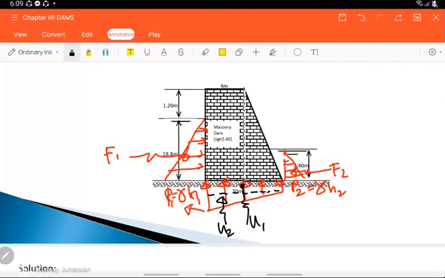And that is the triangle, and it is located at 1/3, or that is 2/3 from the toe. Then after that one, you have to determine what are the forces that are resisting, or the righting moment, and what are the forces that can make your dam overturn.